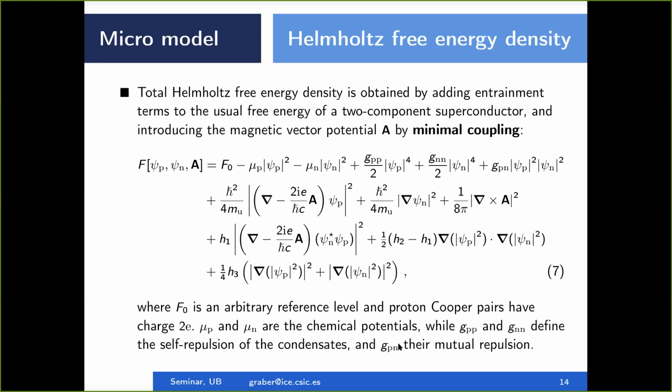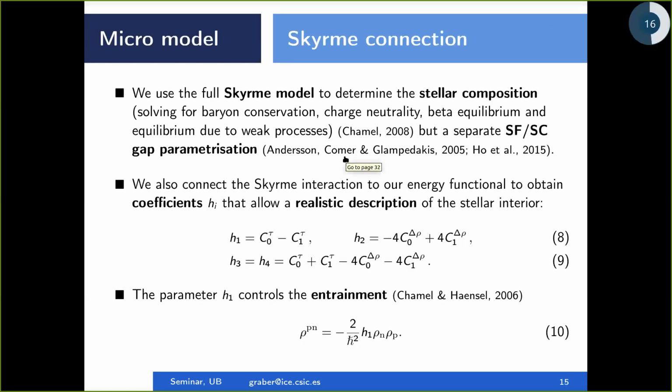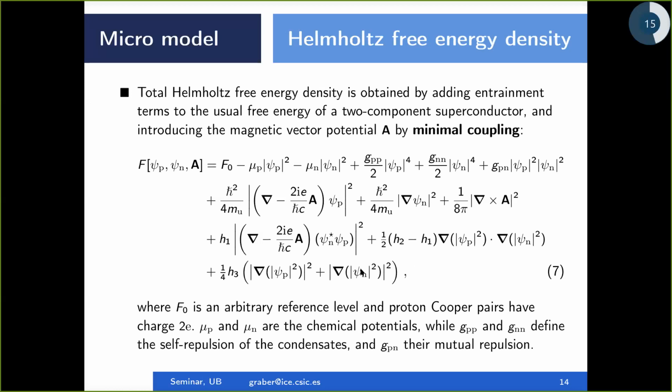And so what we basically did is we used the connection to the Skyrme interaction and used the full Skyrme model to determine the stellar composition at a given density by solving the standard equations. And on top of that, we use a separate description for the gap to determine all these coefficients at a given density.